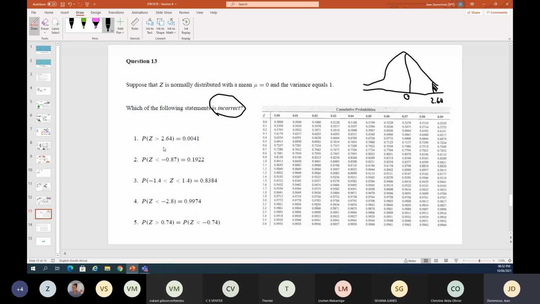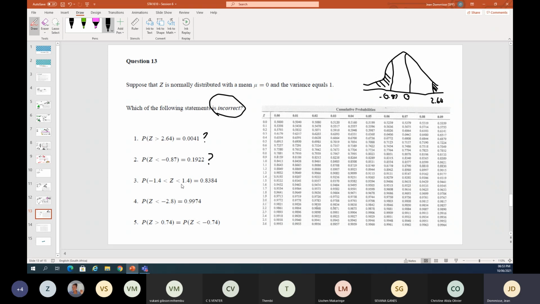So I know that might be a correct answer. If I look at Z smaller than minus 0.87, I'm looking at that area, which must be smaller than 0.5. I don't know yet, and I haven't looked at the table yet.